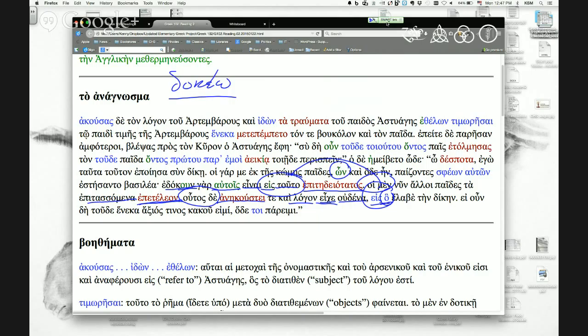Not masculine, neuter, singular, nominative. What's this? Dative. What kind of word is that? Preposition, right? And what case does eis always assign? Accusative, right? Because here it is right here. Eis touto.